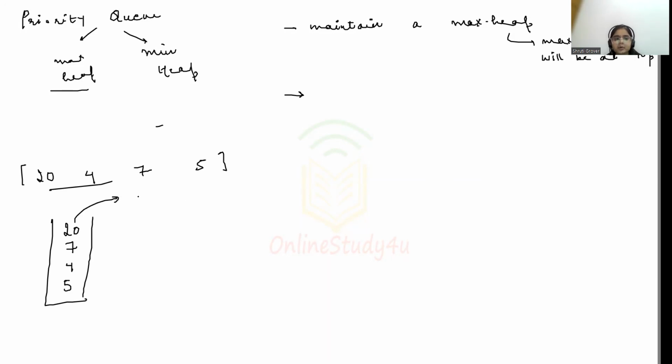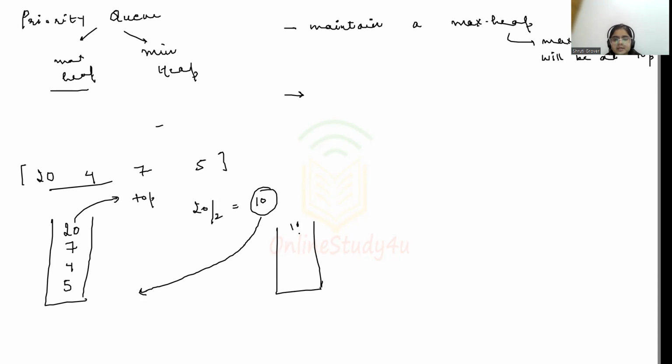So I'll do top equals top divided by 2, so 20 by 2, which is 10. I'll insert this element back into my priority queue. Now it will become 10, 7, 4, 5.